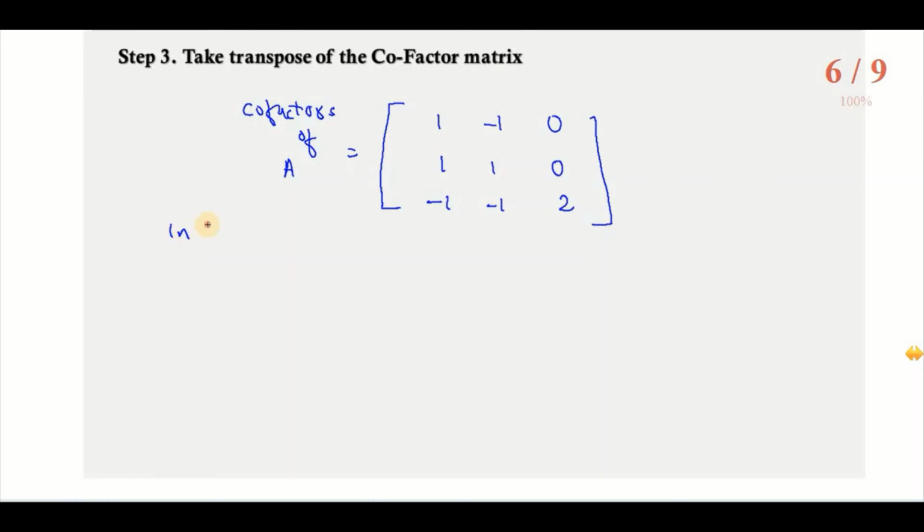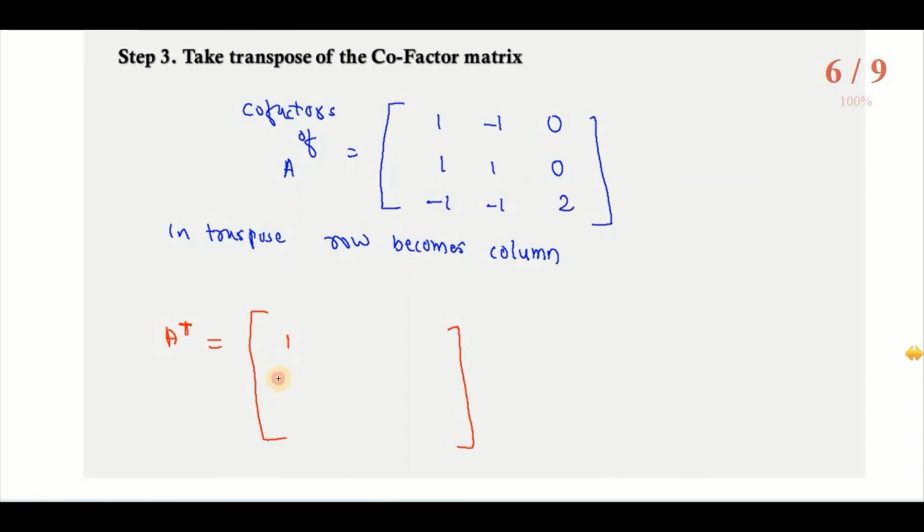In transpose, row becomes column. In transpose, row becomes column. So the transpose of this matrix: this row will become the first column, this row will become the second column, this row will become the third column.